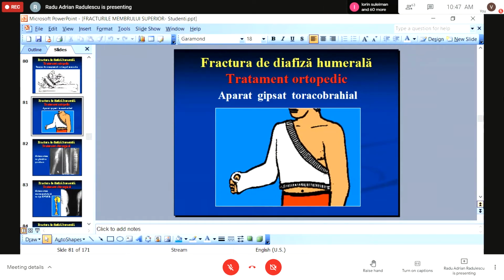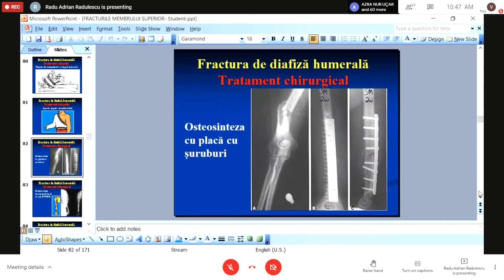The elbow especially is a joint which is very sensitive to immobilization and gets stiffness. That's why in our days, these methods of orthopedic treatment have been more or less abandoned because we prefer by far the surgical treatment.